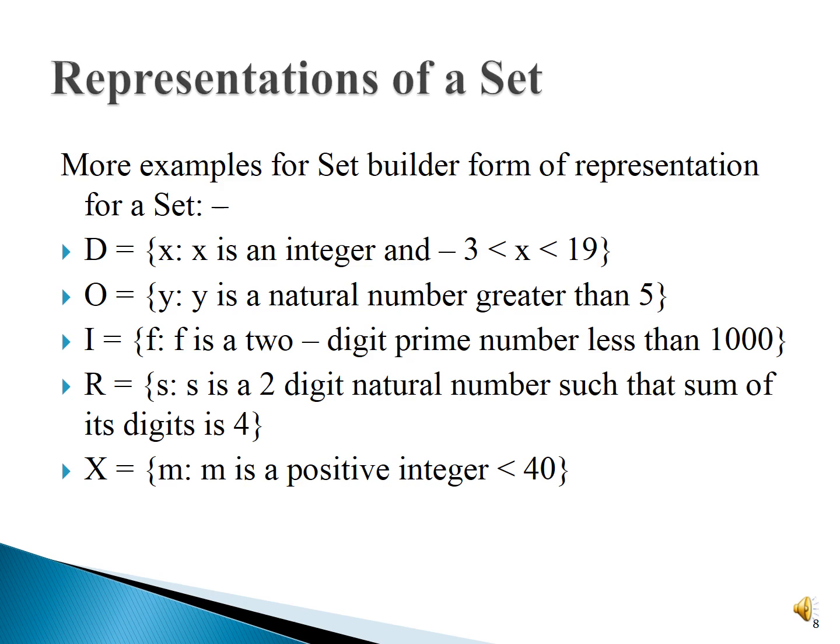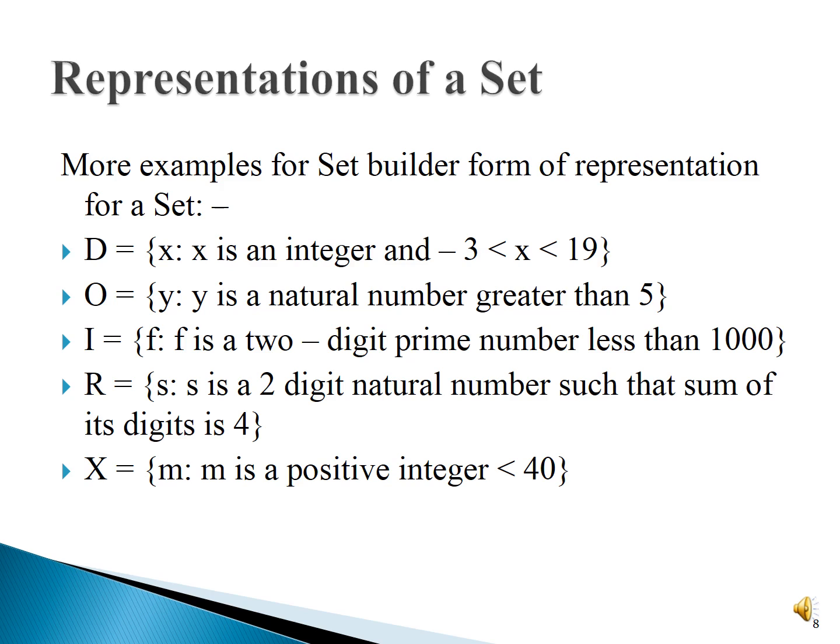And next is R. R equals {s : s is a 2-digit natural number such that the sum of its digits is 4}. So the set R will contain the elements where the sum of the digits of the numbers will be 4.